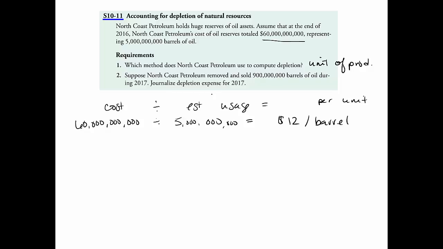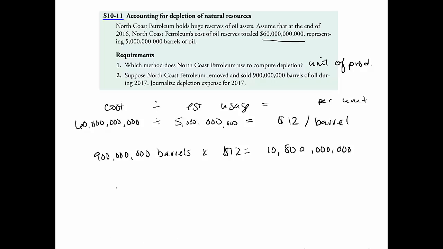And so then in this year, in 2007, I sold 900 million barrels. So I'll take that times the 12, and my depletion expense then will be 10 billion 800, I don't know, 10 trillion, whatever that is. I guess I should know, but I don't normally have to deal with numbers quite that big.